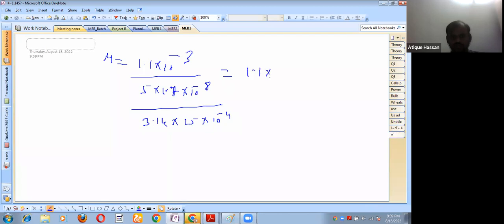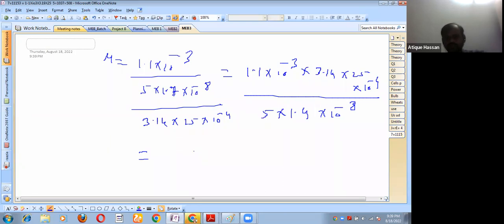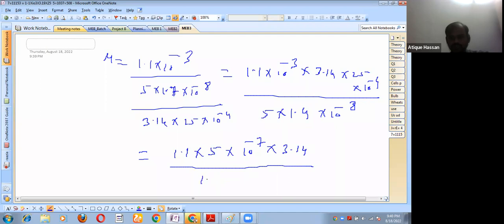So we get 1.1 into 10 to the minus 3 into 3.14 into 25 into 10 to the minus 6 divided by 5 into 1.7 into 10 to the minus 8. Minus 12 minus 8 will be plus 8, right?